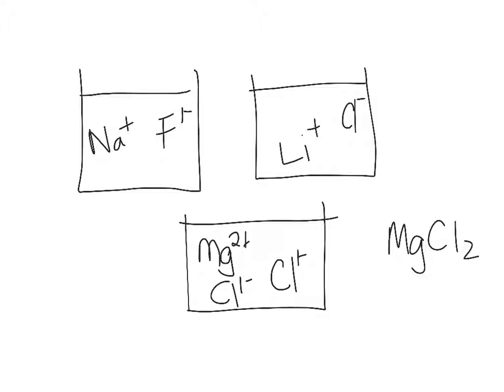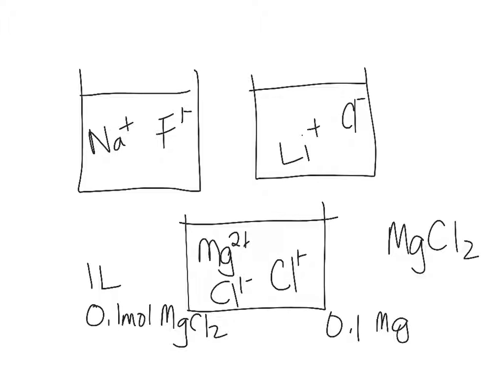So if I have a liter, and I have 0.1 mole of magnesium chloride dissolved in there, I will have 0.1 moles of magnesium and 0.2 moles of chloride. Because for every one that broke up, I formed twice as many chlorides. Are you okay with that? Does that make sense? Speak now.